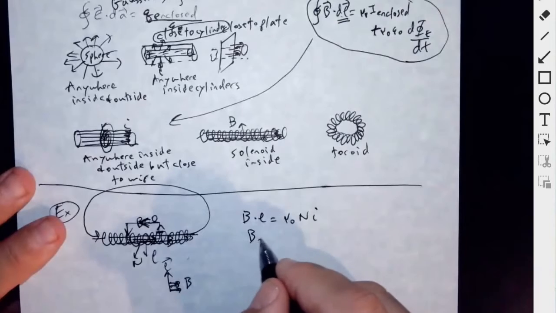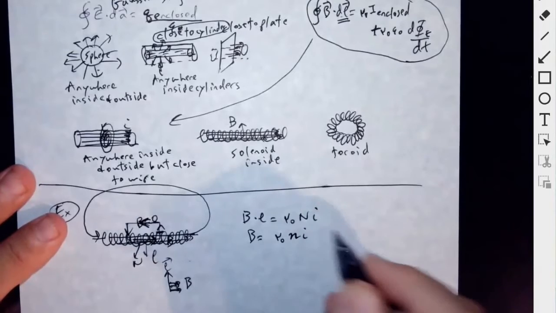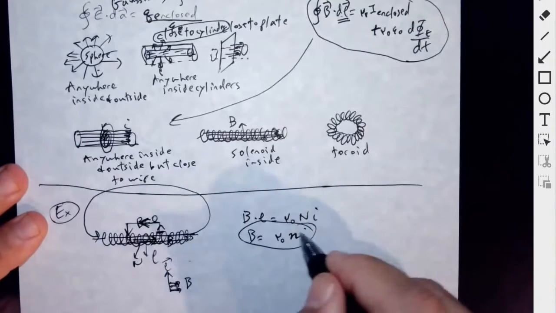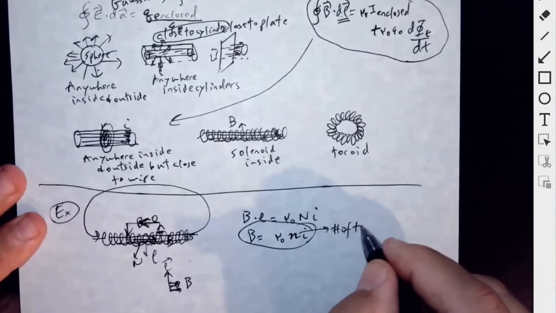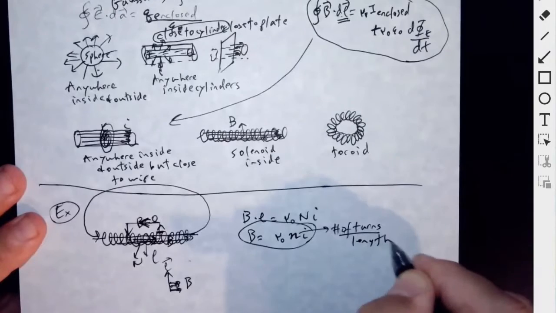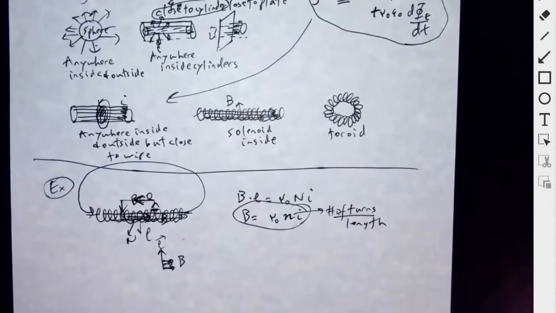And then from there, we just say mu0 N over L is the unit turn ratio of the solenoid, which is the number of turns per unit length. And that gives you, so the other day when we did the magnetic field of a generalized solenoid, we did get the same answer. So it checks out.